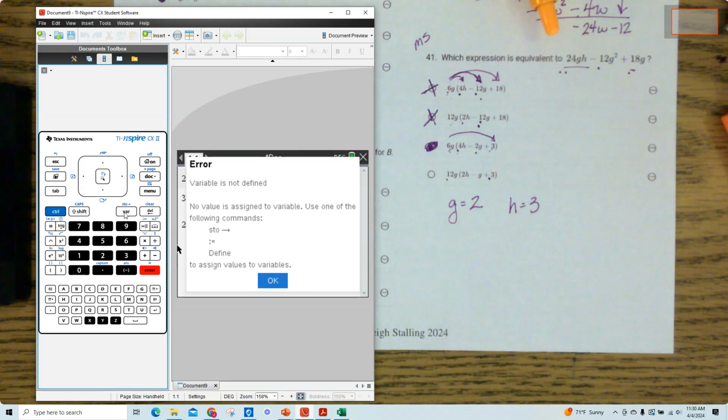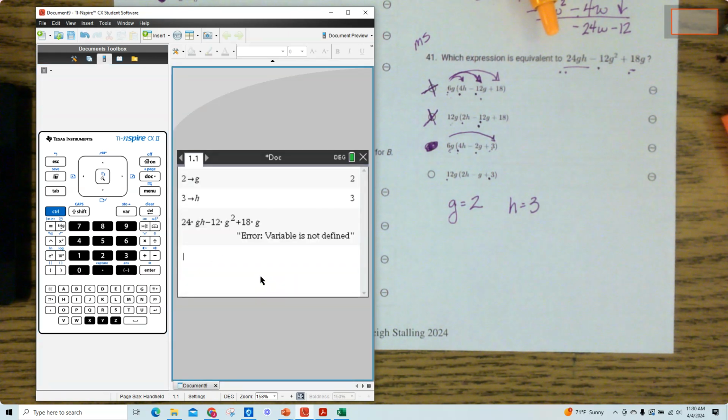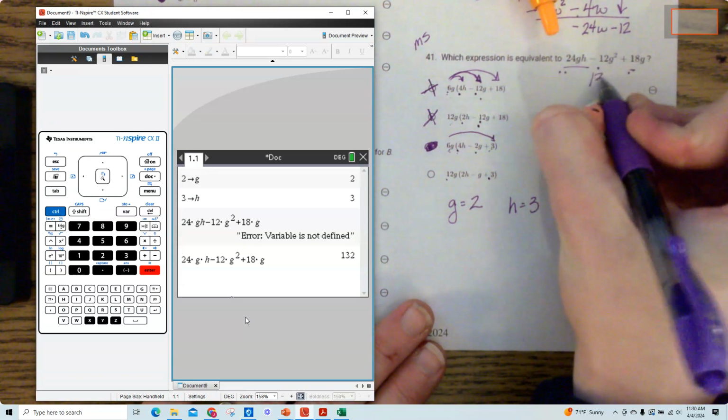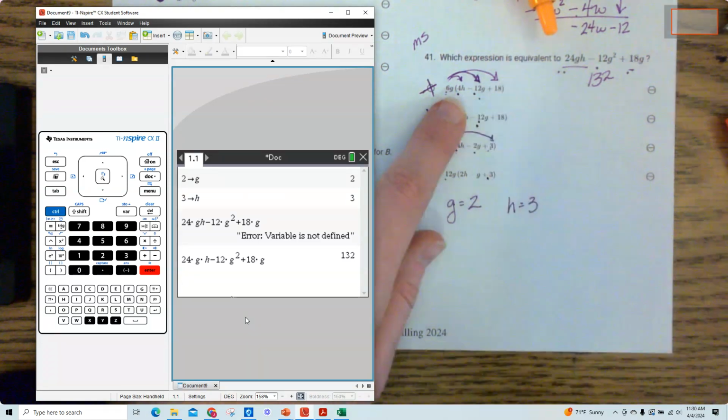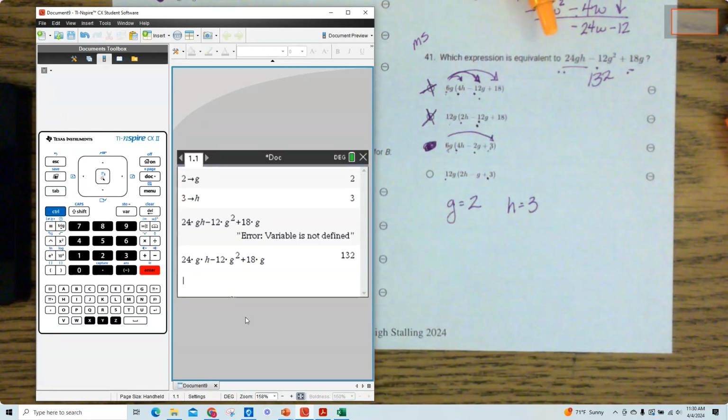Do you notice anything why I'm getting an error? Do you remember why? What's different about parentheses or what's happening between that G and that H? So remember, it doesn't like those letters shoved together. It wants to know what you mean by shoving those letters together, and we mean multiply. So you tell it, I mean multiply. All right, I get 132. So now it's a matching game. So I can type each answer choice in exactly like it's shown with the implied multiplication, right?